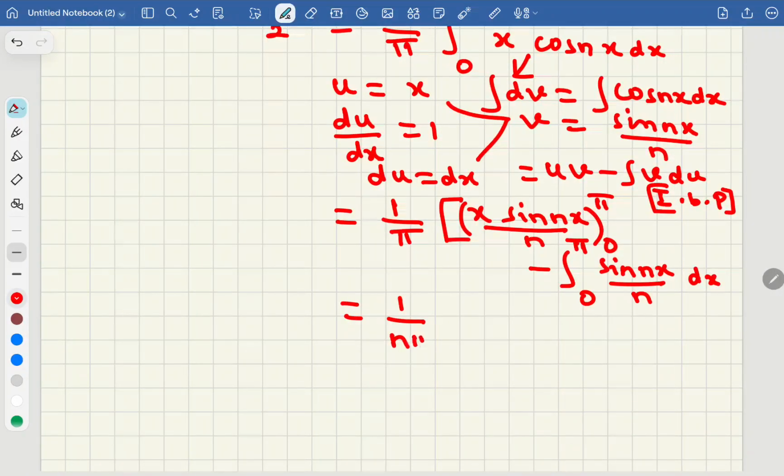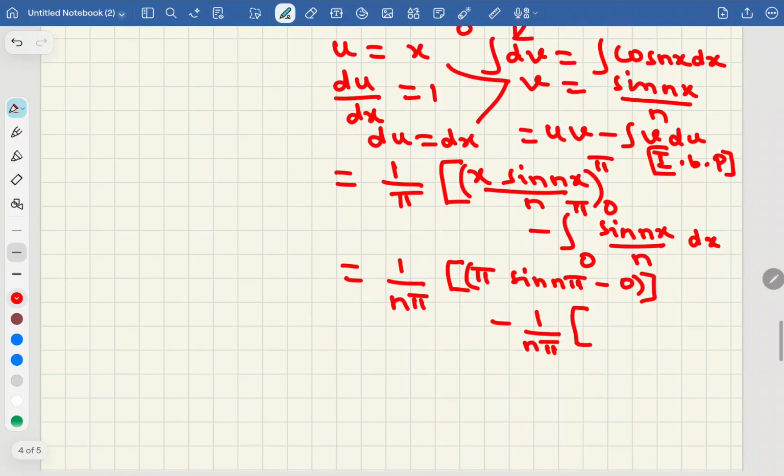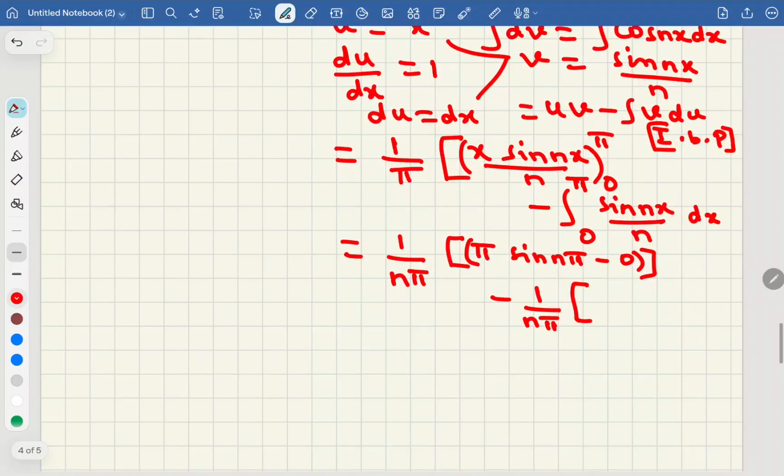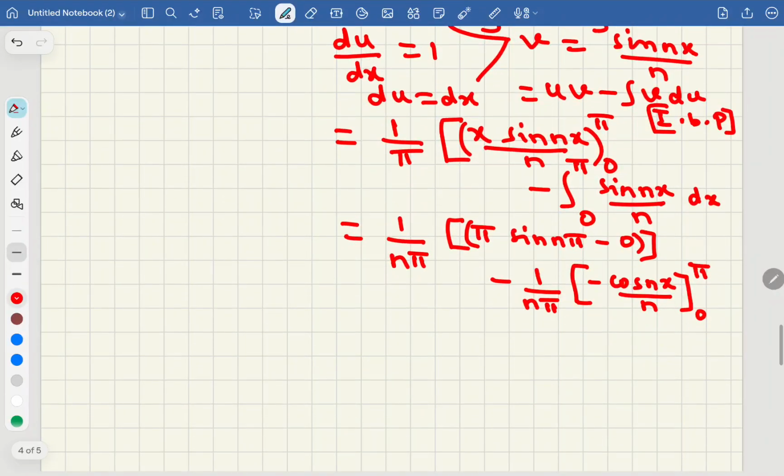1 by n pi, upper limit pi sin n pi, lower limit 0, minus of 1 by n pi integration of sin nx, which is minus of cos nx by n with limit 0 to pi.